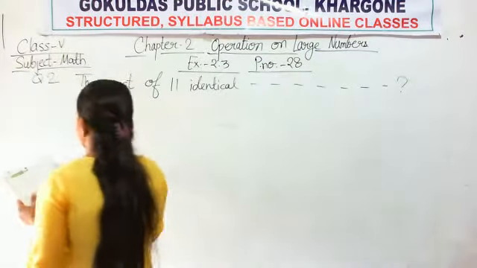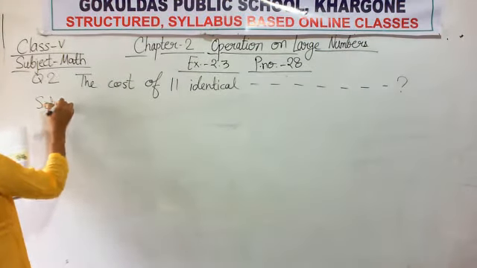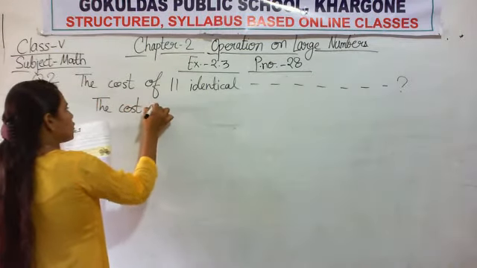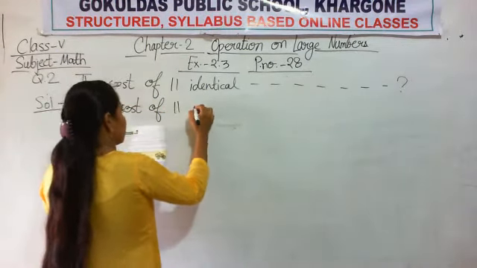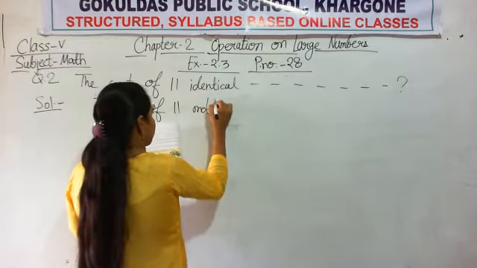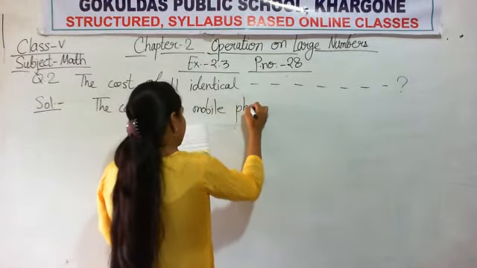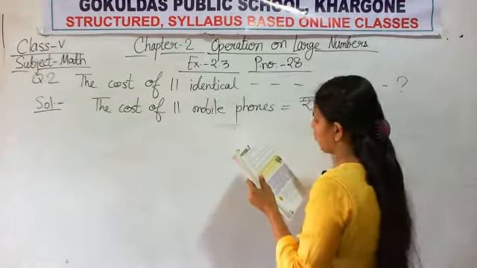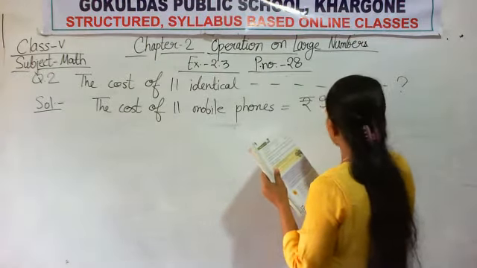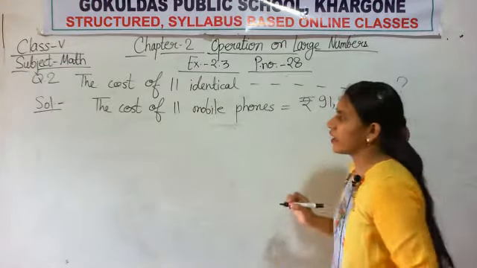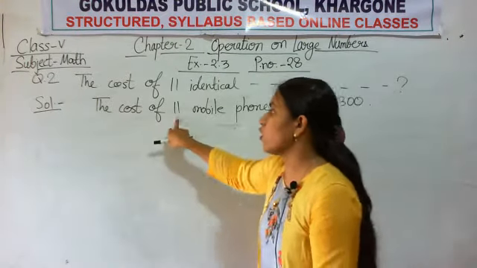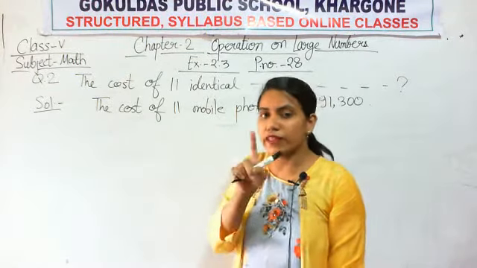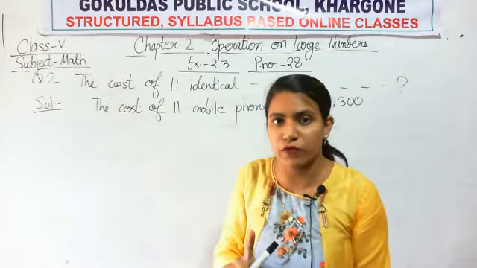Okay, let us solve this word problem. The cost of 11 mobile phones is rupees 91,300. Okay, they have given the cost of 11 mobile phones and they are asking for one mobile phone. They are asking the cost of one mobile phone.